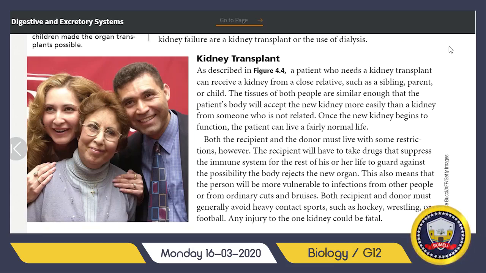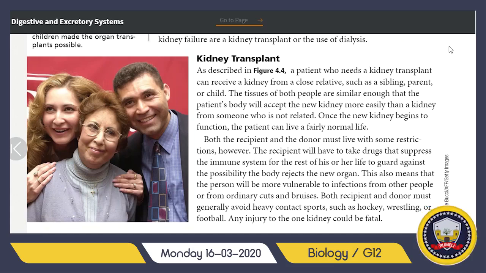Now, let's say a kidney transplant happened, and I found, or anyone found, a relative donor. Now, I received the kidney. So the recipient and the donor now are restricted in many ways.